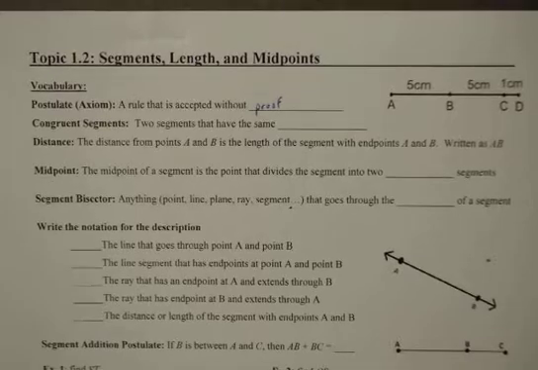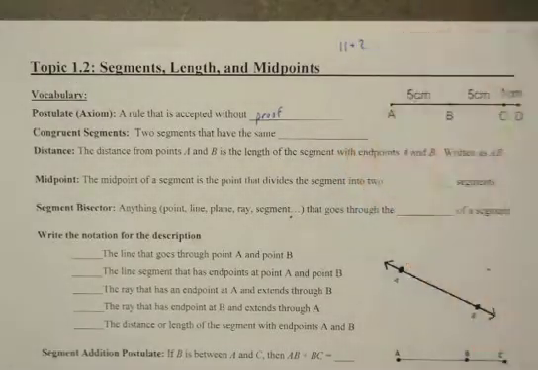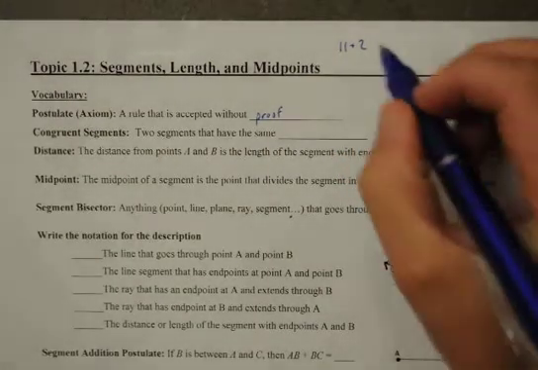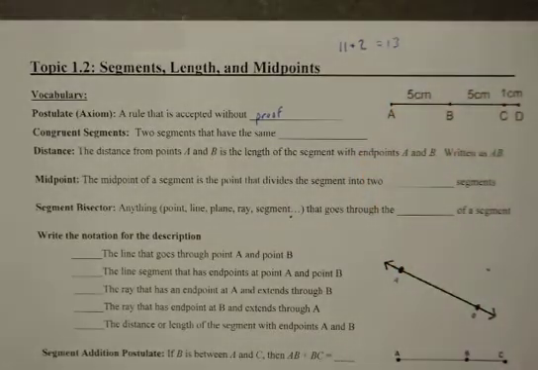For example, what is 11 plus 2? It's 13. Believe it or not, there's an assumption here that we're not questioning. The assumption is that the number line continues forwards without circling around on itself.